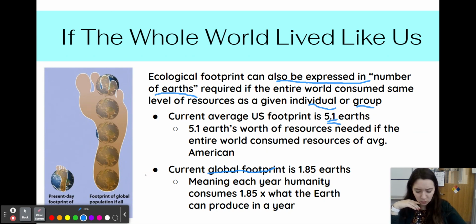I don't know when, but we will be doing that. You will see how much you consume versus the average American and how many Earths you would need. After that, we'll move into sustainability, where we talk about how humans can live more sustainably so we are not overconsuming what we have.